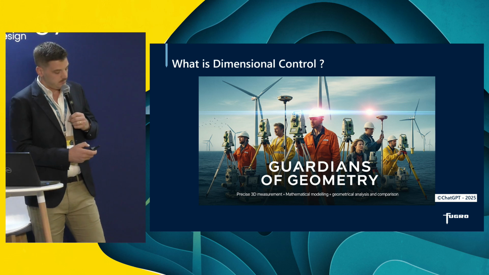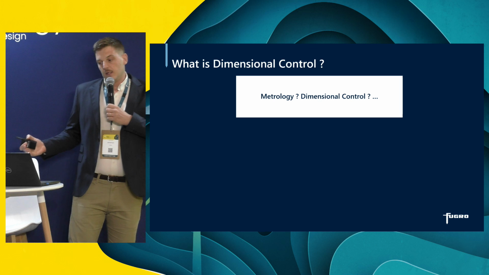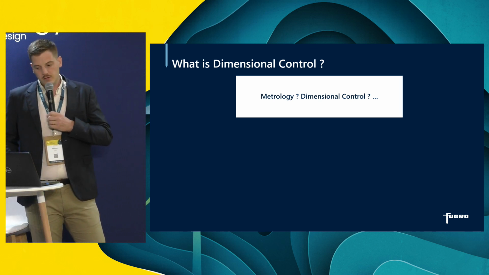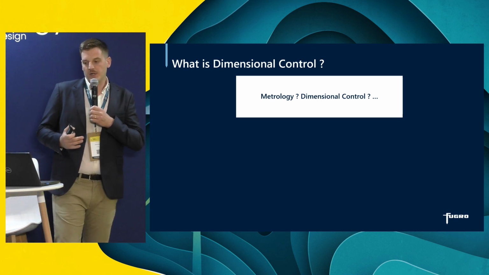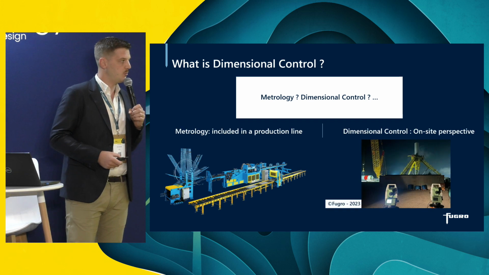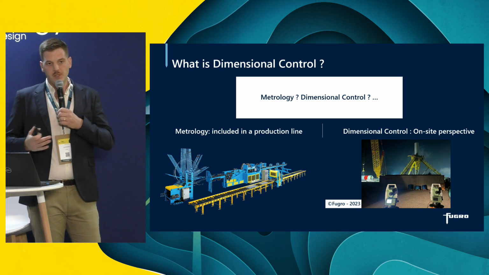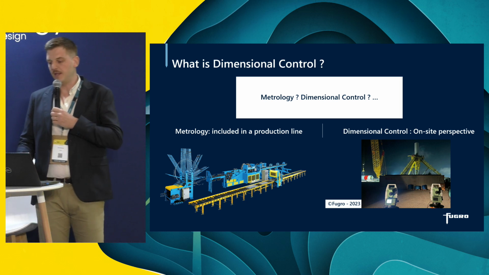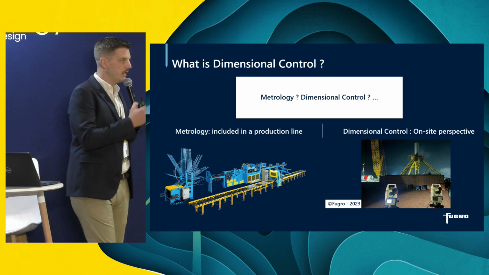A little aside, just a quick clarification. Dimensional control in modular construction is a bit different from the term metrology, where metrology is typically known and understood as included in the production line.